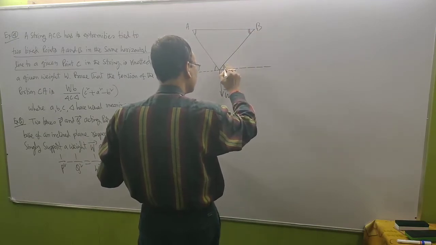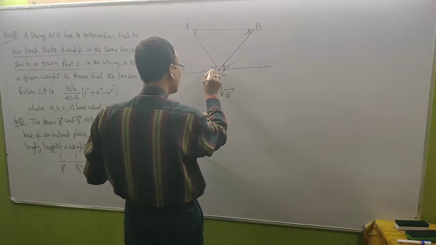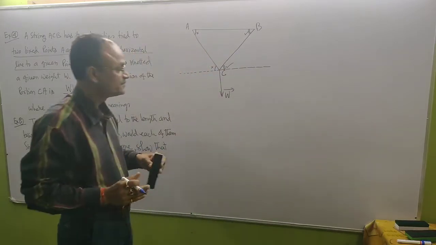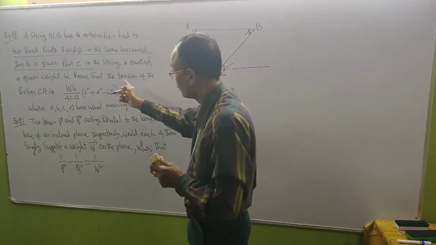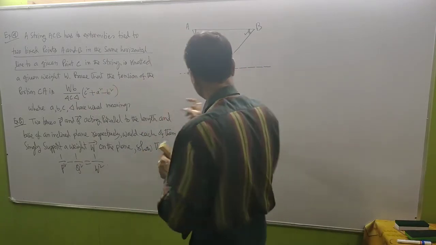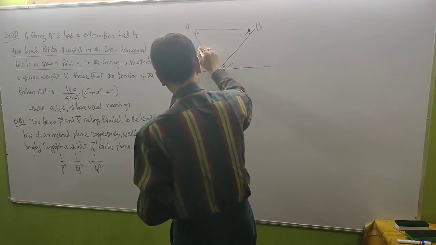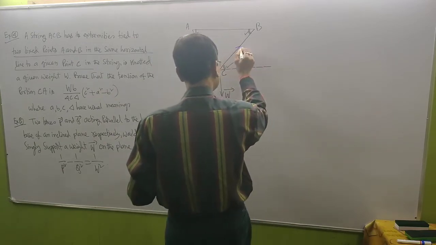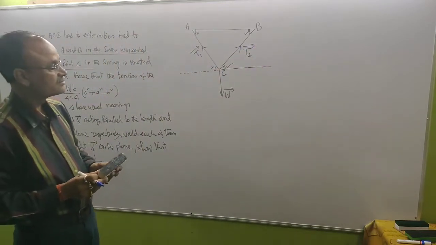Suppose this angle is this. This angle is equal to this angle, and also this angle is equal to this angle. Right? Now, suppose this tension in the portion CA is T1, and this is the tension T2.